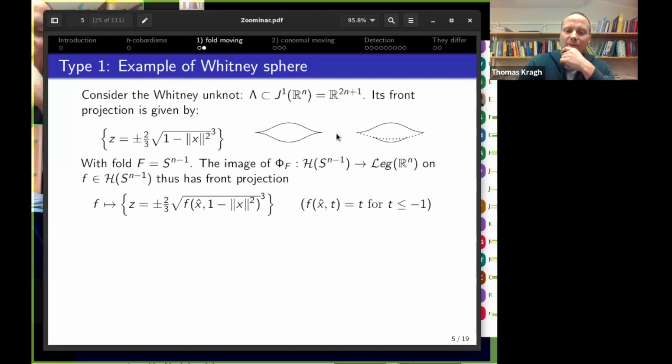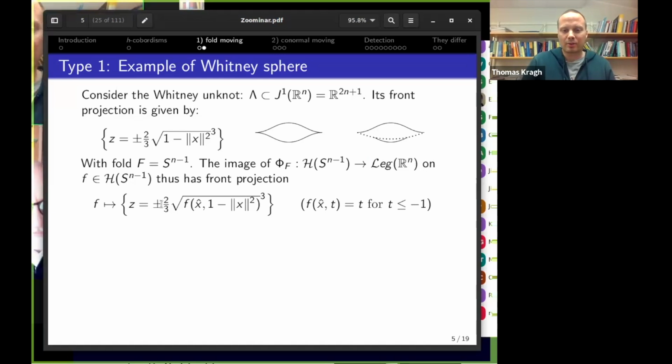And when you take the image of this map using this fold, the boundary of S1, we get a map into the Legendrians in Rn, which will all be isotopic to the standard Whitney unknot. It maps to the subspace of Legendrians that are isotopic to the Whitney unknot.